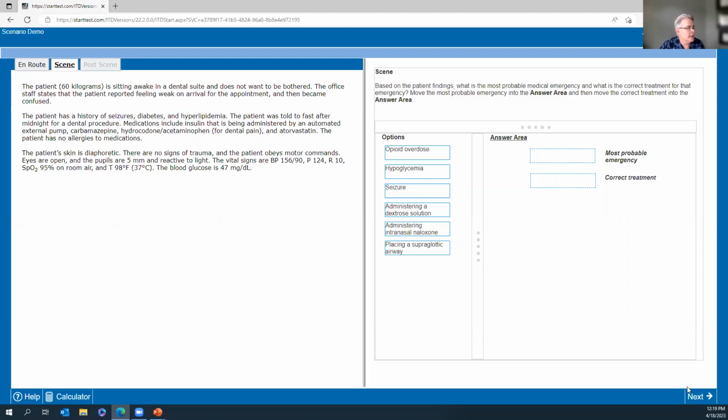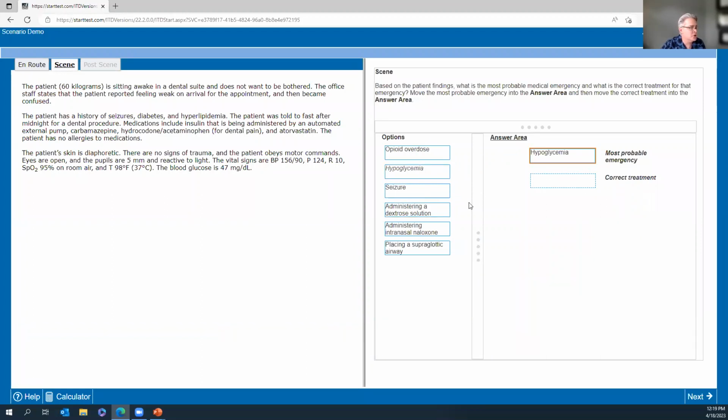And so I don't think this is an opioid overdose. There's nothing there to say that this is the case. The pupils are 5. They are reactive to light. The respirations are adequate. So I would not go with opioid overdose. I do think I see everything that says this is a hypoglycemic event. So I'm going to move that over.